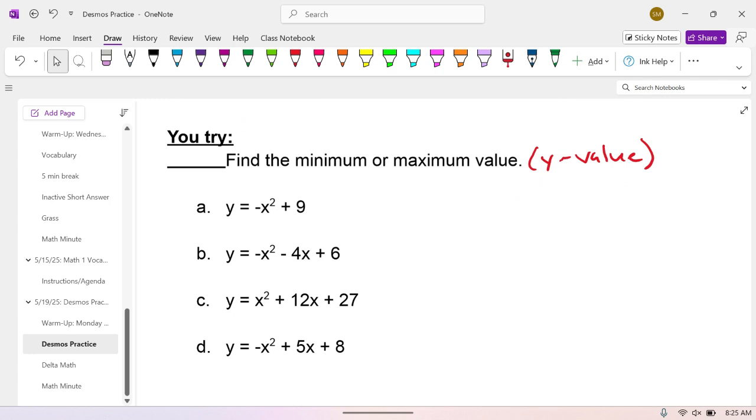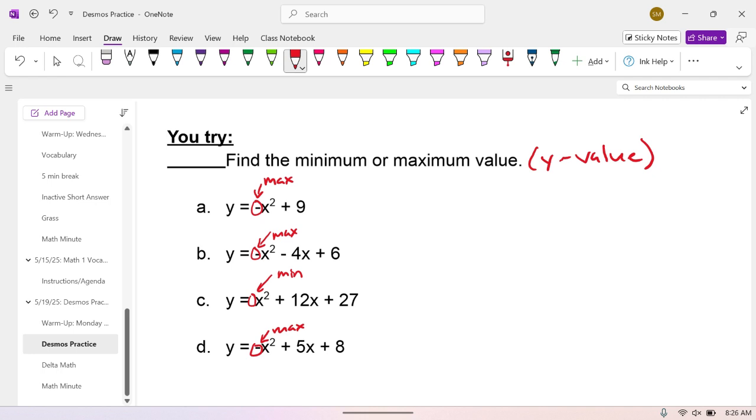The negative. So if it has a negative in front of the x squared, is it going to be a max or a min? Max. If it's positive, it's going to be a what? A min. All right. So this won't be a max, max, min, and max.